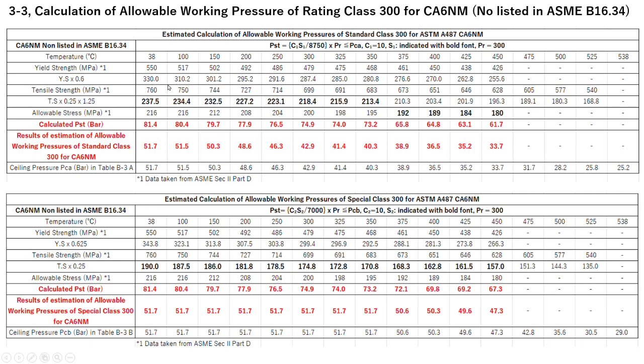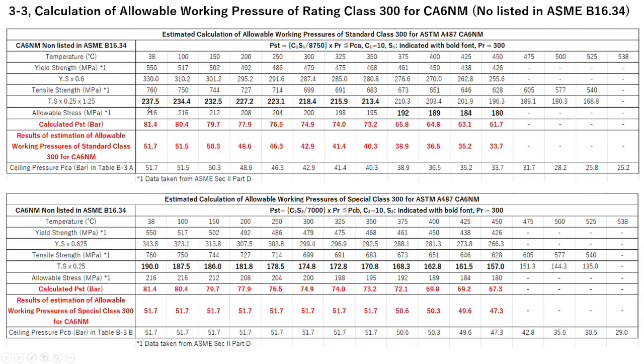Indicate the calculated value here. Tensile strength multiplied by 25% and 1.25 times gives the calculated number 237.5. Like this, the calculated number is indicated here.